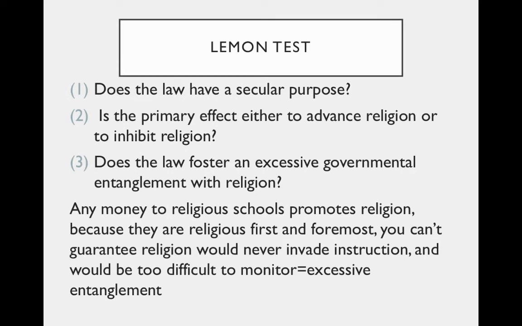So let me go over this. The government can't give money to Catholic schools or Jewish day schools or whatever else. So if you're saying, well, they're just giving it to the school to help them build because it's an important part of the city, at the end of the day, they are praying there. And even though you're saying that it doesn't have a secular purpose, the issue is that it's an excessive entanglement.